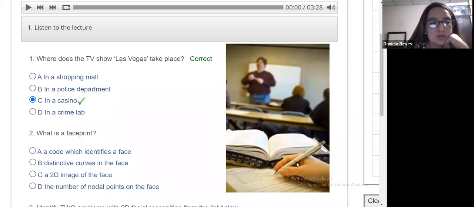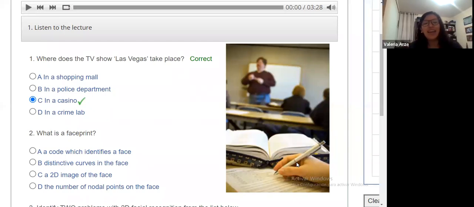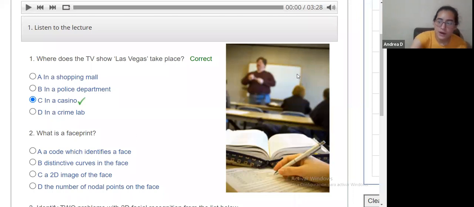Maybe I would choose C, a 2D image of the face. Anyone else? Valeria, what would you say? Well, I talked at the beginning. I was choosing the letter A. Oh. So let's go for A. Let's see. Okay, that's perfect. A code which identifies a face.